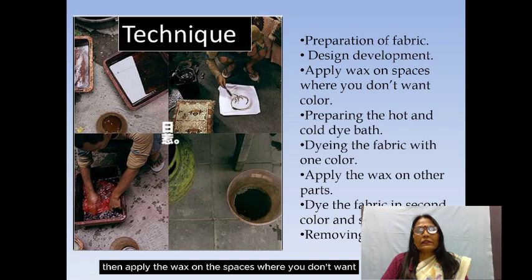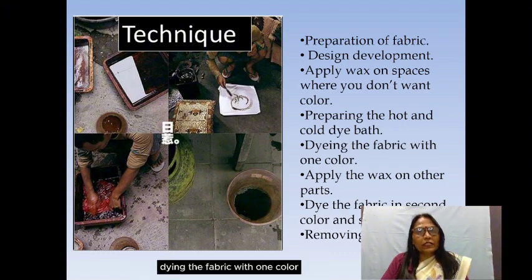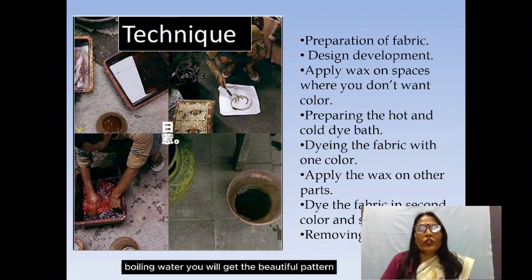Then apply the wax on the spaces where you don't want color. Prepare the hot and cold dye bath. Dye the fabric with one color. Then apply the wax on the other parts. Dye the fabric in the second color and so on. After this, remove the wax in hot, boiling water. You will get the beautiful pattern.